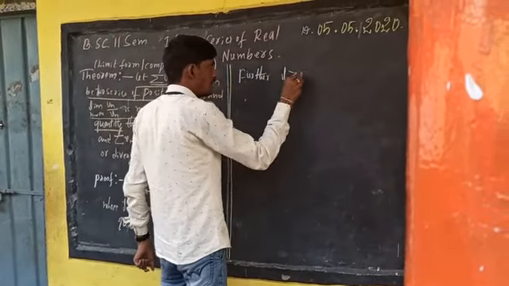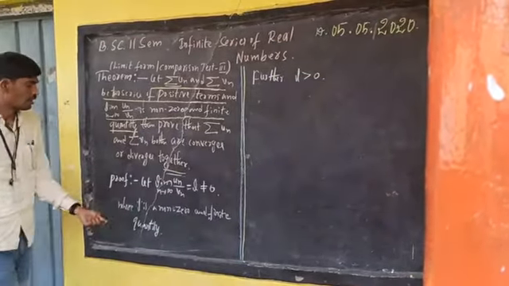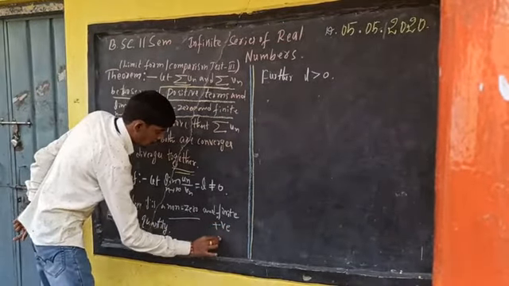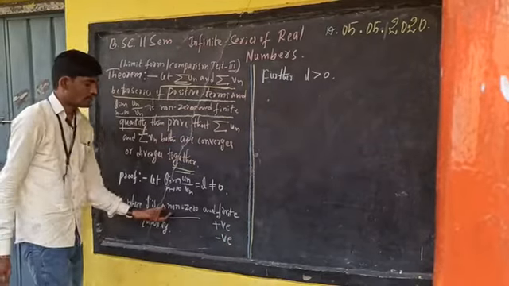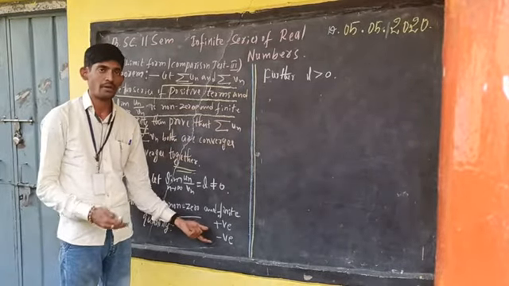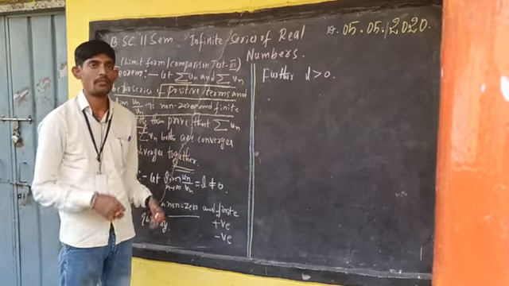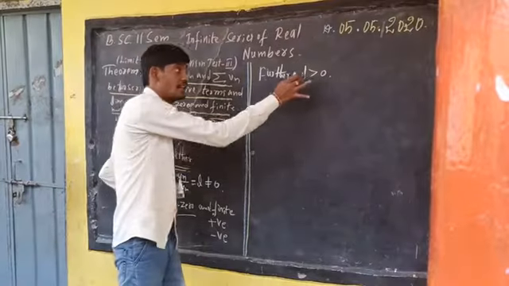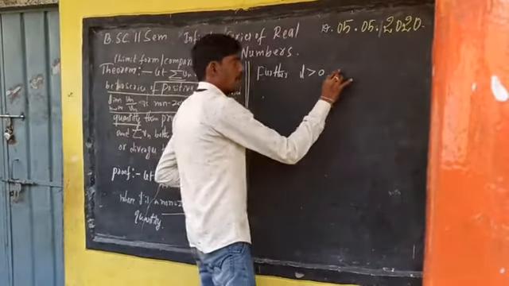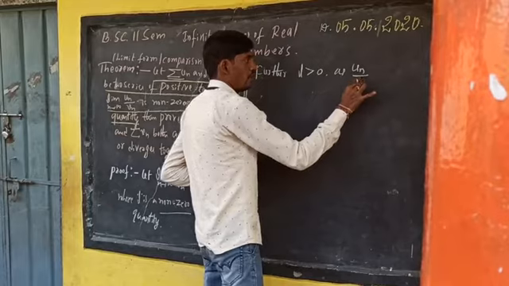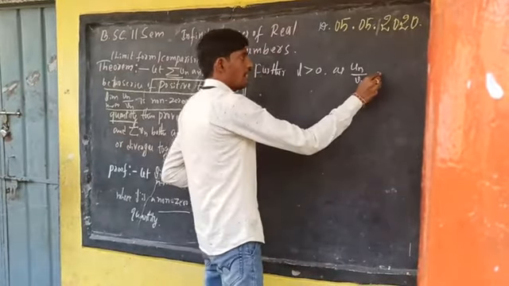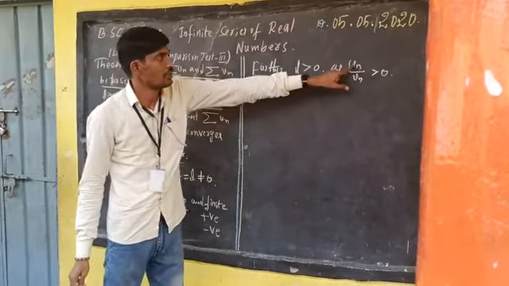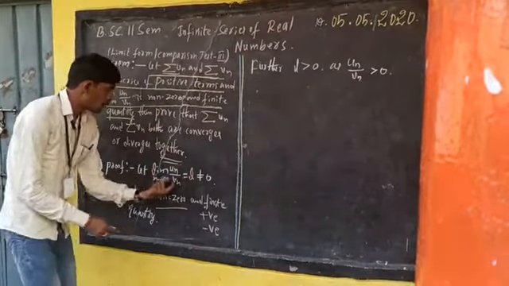Further, l is greater than 0. A non-zero quantity can be either positive or negative, for example plus 2 is not equal to 0 and minus 2 is not equal to 0, but I decide it is greater than 0. Why? Because un by vn is greater than 0, and the limit of positive terms is positive.